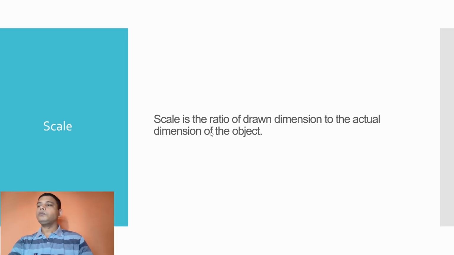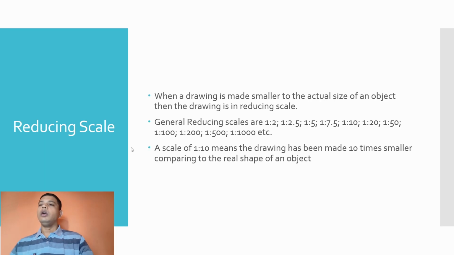Reducing scale: when a drawing is made smaller than the actual size of an object, then the drawing is in reducing scale. That means if the real object is of much bigger size and we are putting it into a smaller size, then the scale is called a reducing scale.